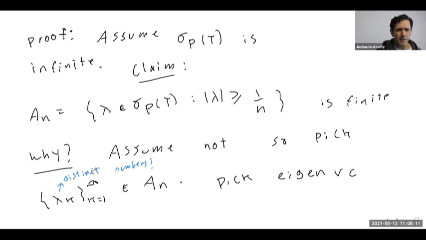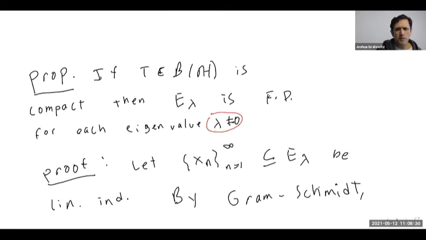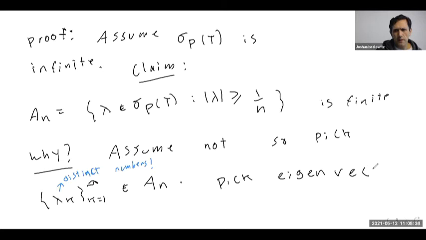We're picking an infinite sequence in A_n where all these are distinct. Obviously, if A_n is infinite, we can do this. The proof strategy here is kind of the same as the last theorem we had. So pick eigenvectors, let's say x_k.